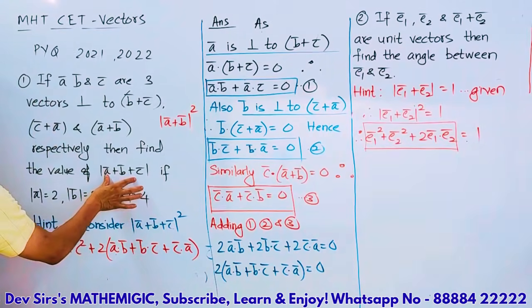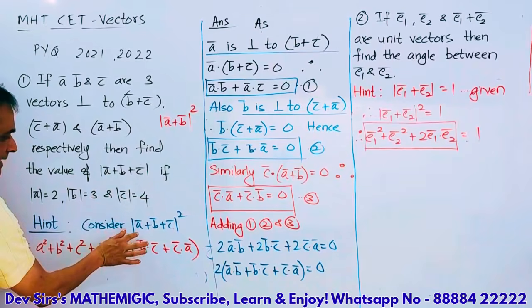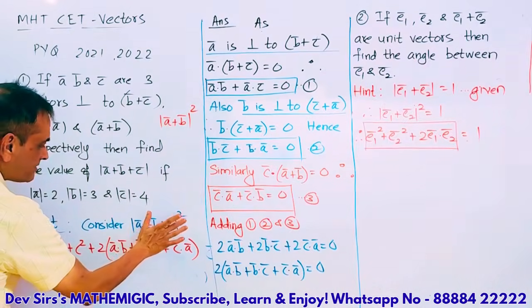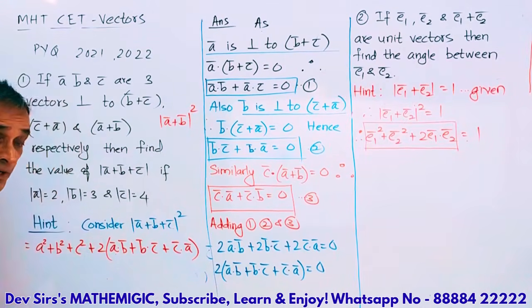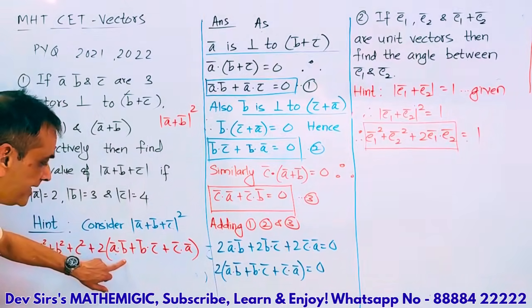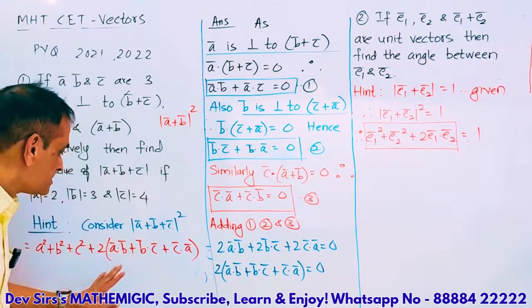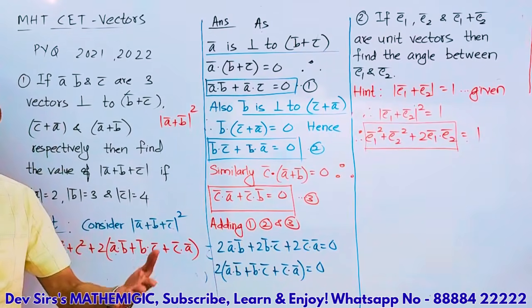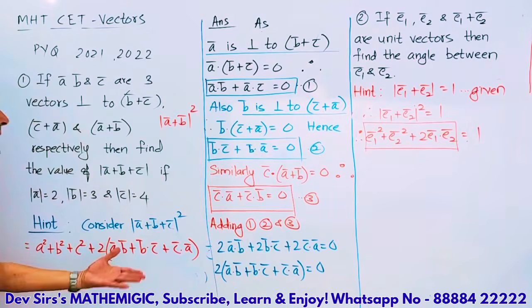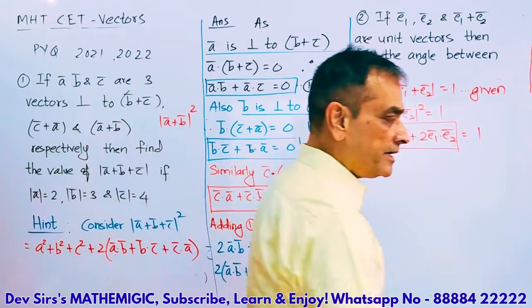But now this is asked, so consider A bar plus B bar plus C bar magnitude squared and this is the formula. But remember यहाँ पे डॉट है, A dot B, B dot C, C dot A. सिर्फ 2AB नहीं है, वो अलजिब्रा में हो गया, ये वेक्टर अलजिब्रा है. क्लियर? ओके, ये है उसका फंडा.